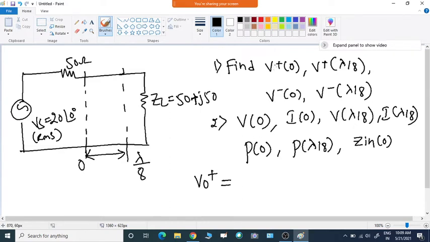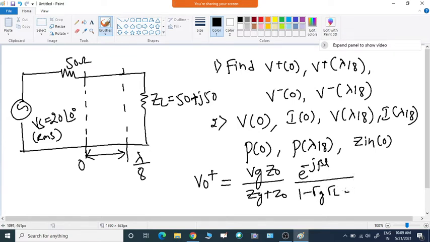So V plus of 0 is nothing but V0 plus at position 0, which we have discussed earlier: Vg Z0 by Zg plus Z0, into e power minus j beta l, divided by 1 minus gamma g gamma l into e power minus j 2 beta l. Now this is actually a function of length.